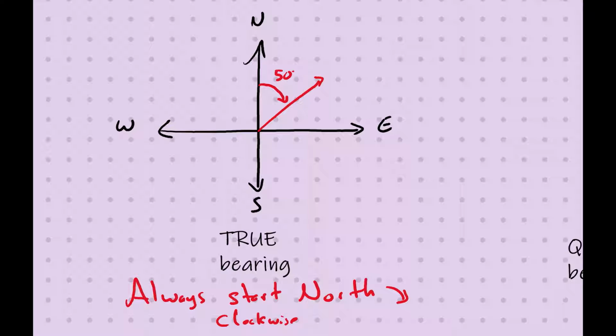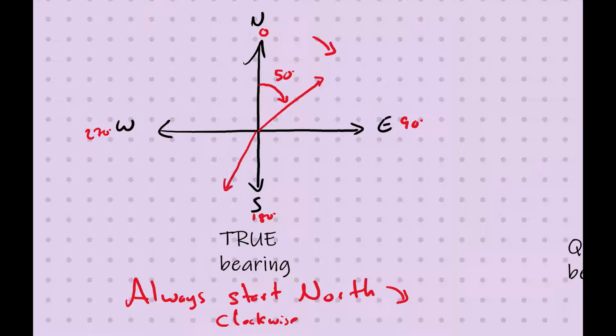Think of each quadrant as 90 degrees, right? So here we have 0 degrees, and as we go clockwise, we have 90, 180, 270, and so forth. If we are given a 210 degree true bearing vector, that's somewhere between 180 and 270, a little closer to 180 than to 270.